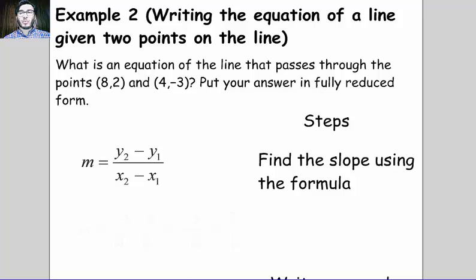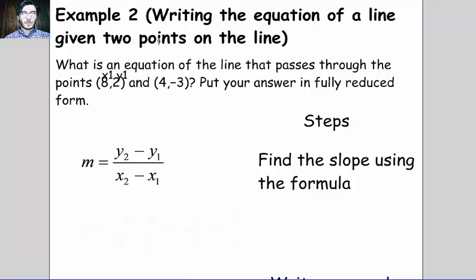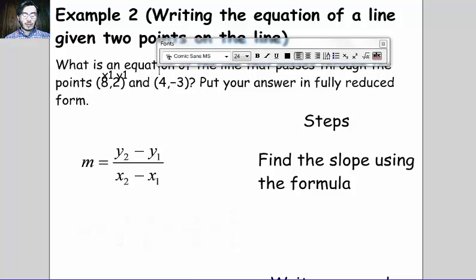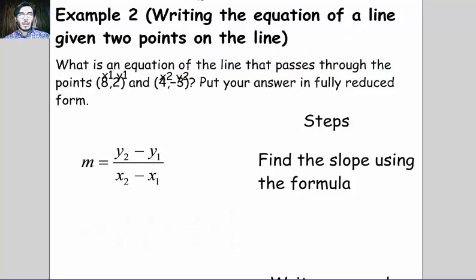And here's where we get that information from. This is going to be x1 and y1, and here is x2, y2. And we're going to substitute. When we substitute, we get m equals negative 3 minus 2 over 4 minus 8.